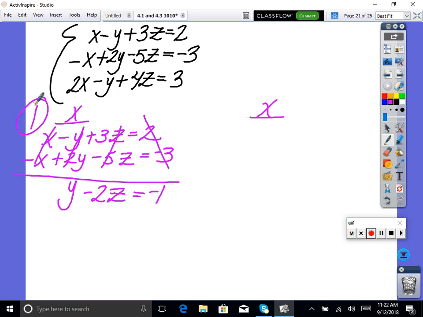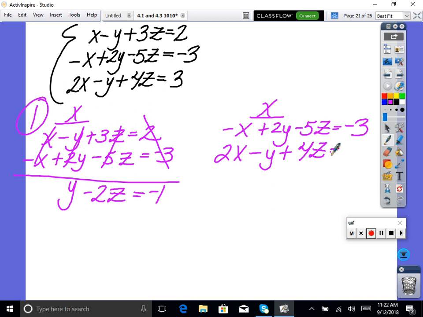Okay, then let's do the middle. No, wait, we're eliminating it. Yeah, middle and bottom. So we need to do some manipulation on this one. So we're going to multiply all this by 2.